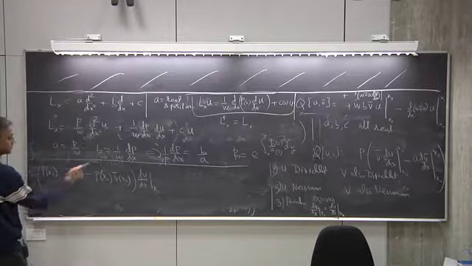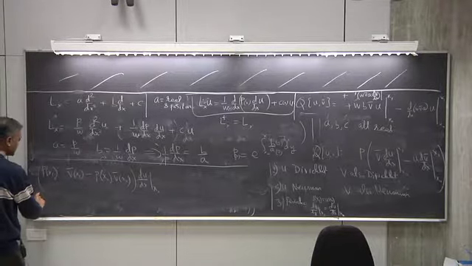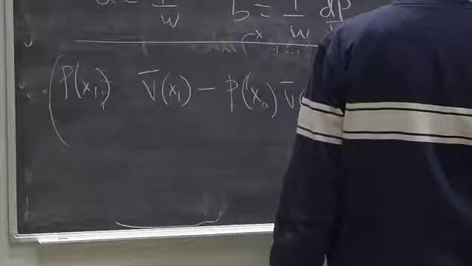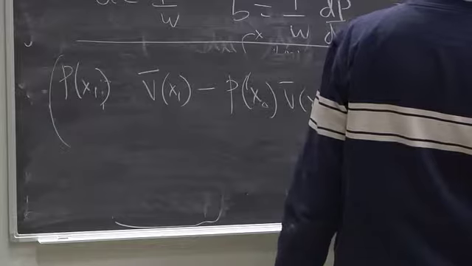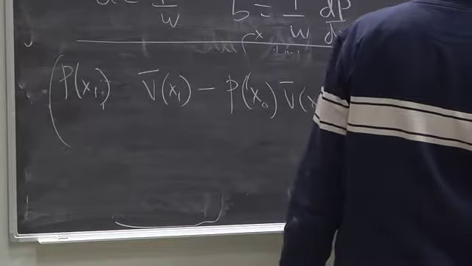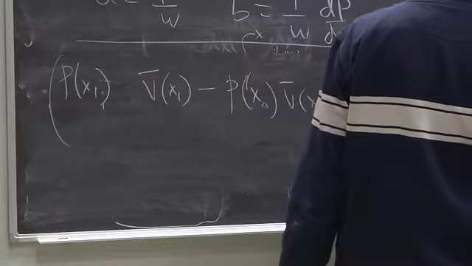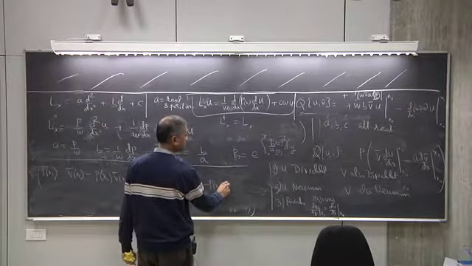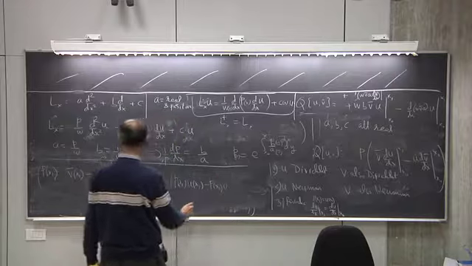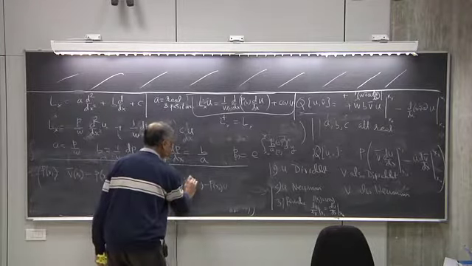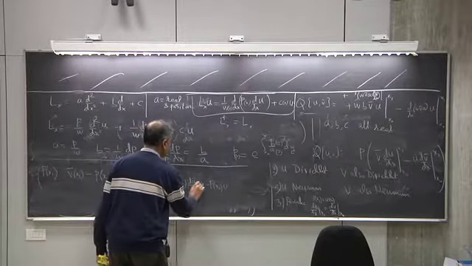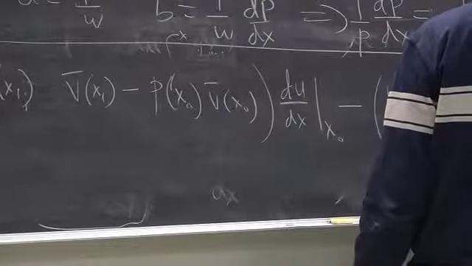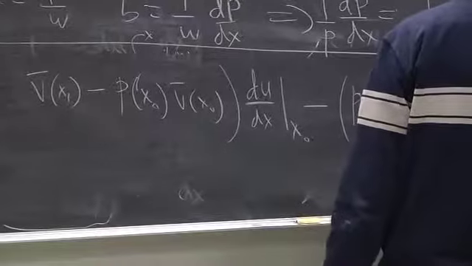And then from the other piece I will get minus p at x1 times u at x1, minus p at x0, dv bar by dx at x1 and dv bar by dx at x0.